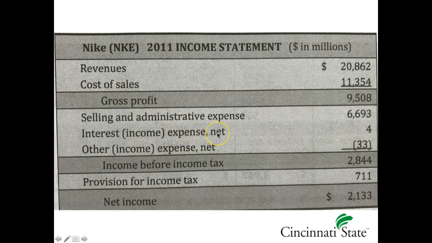GAAP requires companies to isolate interest expense from their operating expenses, so companies that borrow are comparable to companies that don't. Provision for income tax is Nike's income tax expense for the period. Net income of $2,133 million is Nike's profits or earnings for 2011.